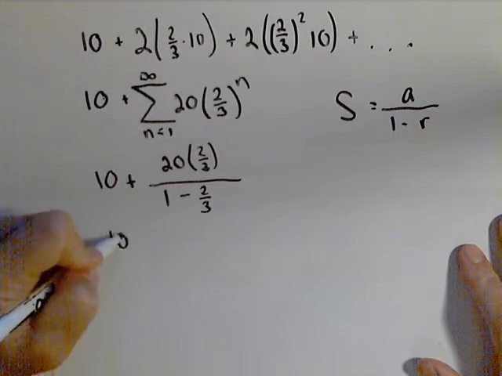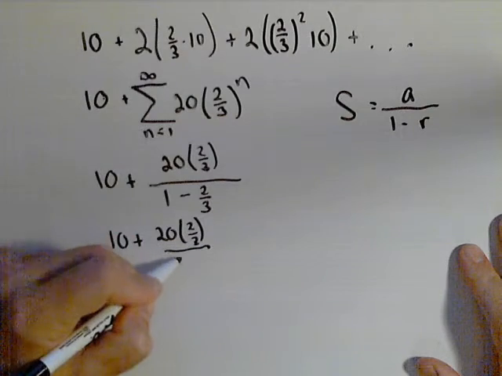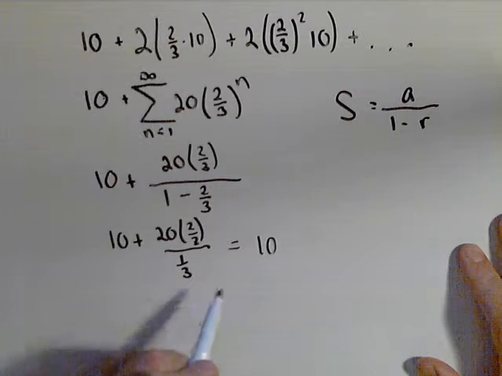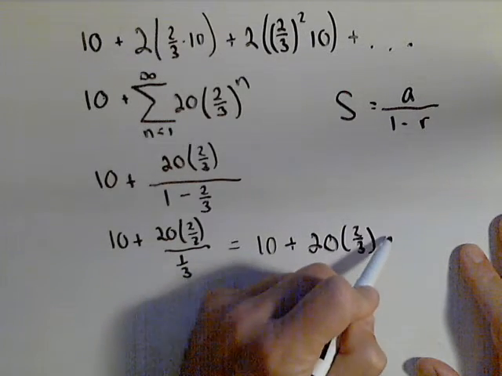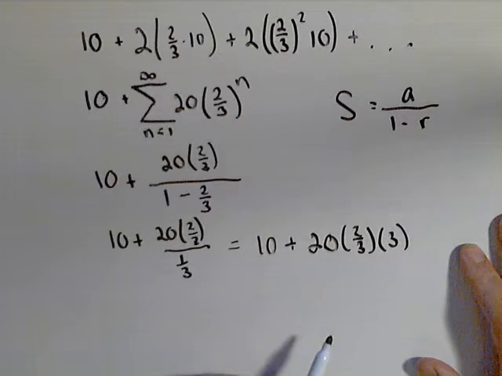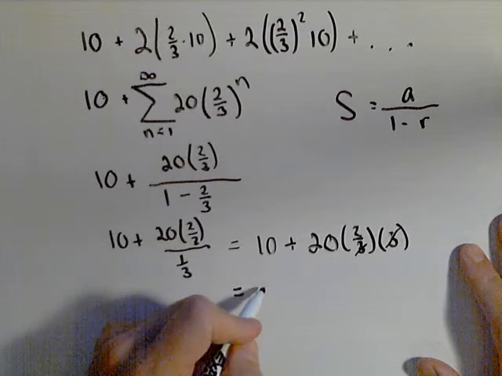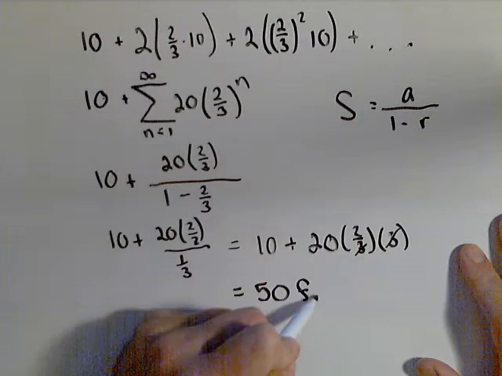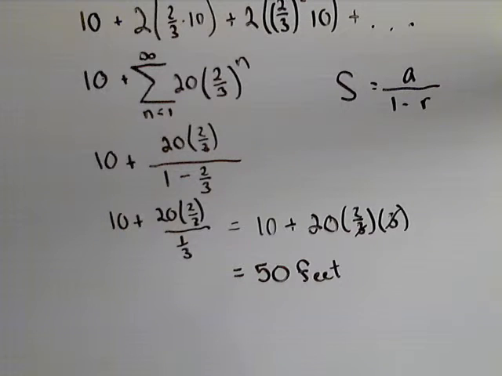Okay, so we have 10 plus 20 times 2/3 over 1/3, which is equal to 10, we're going to flip and multiply, plus 20 times 2/3 times 3. This works out pretty nice. These 3's cancel. So we have 10 plus 20 times 2, or when all is said and done, the ball going up and down is going to travel a total of 50 feet. So that's how we can apply an infinite geometric series to solve this problem.